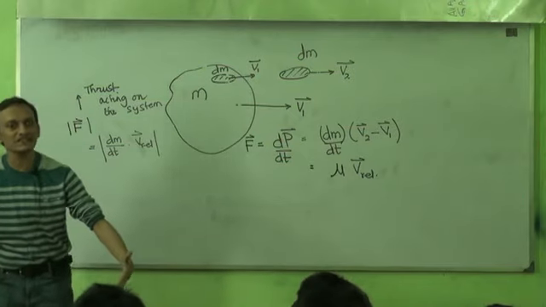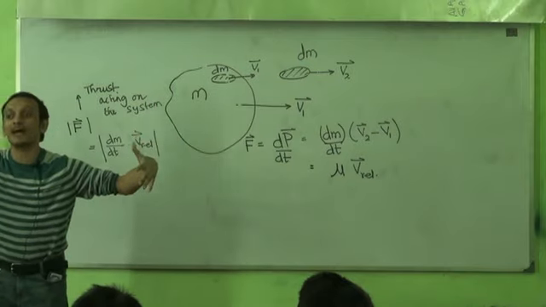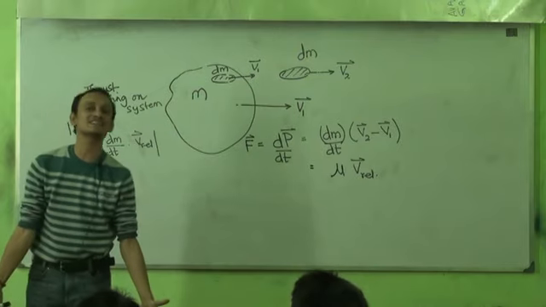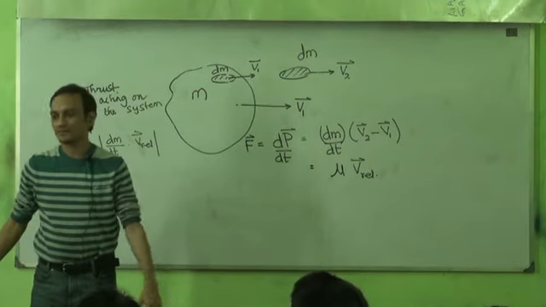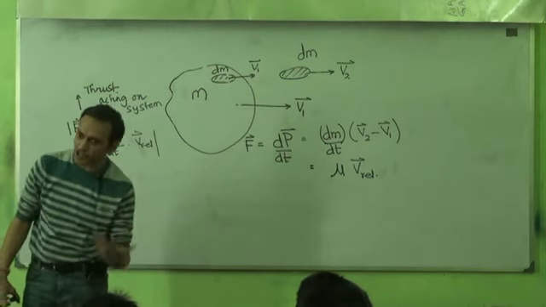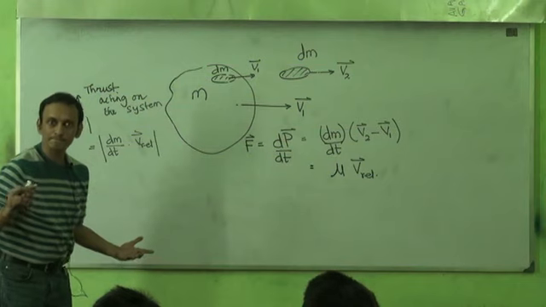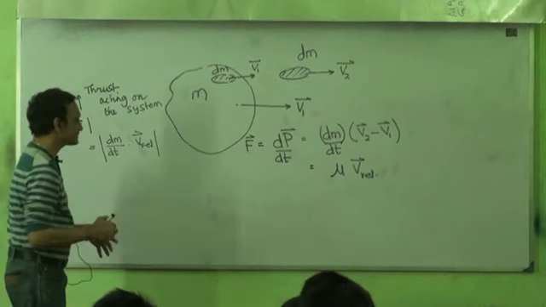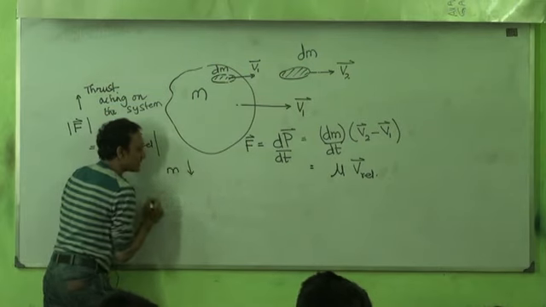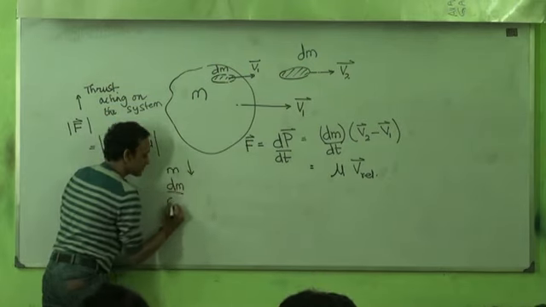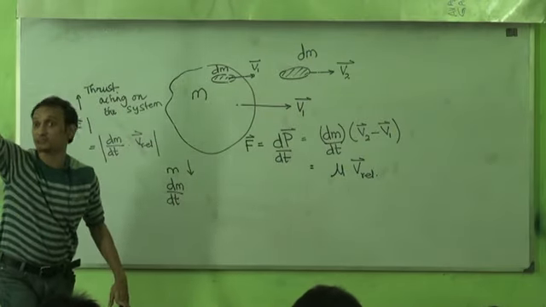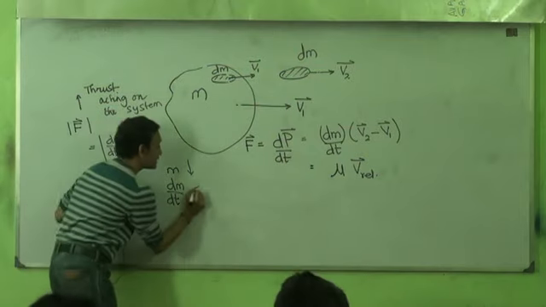Did I not discuss monotonicity in the last class? Increasing, decreasing function, that was my whole objective on Saturday. M is decreasing with time, dm/dt has to be negative, right? And when does that happen? When mass is being thrown out of the system, expelled from the system, dm/dt is negative.